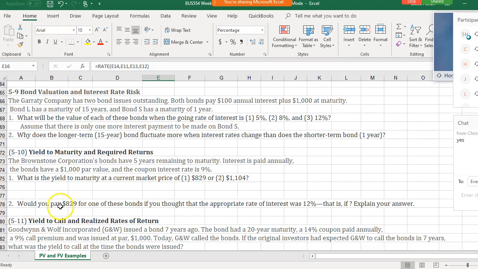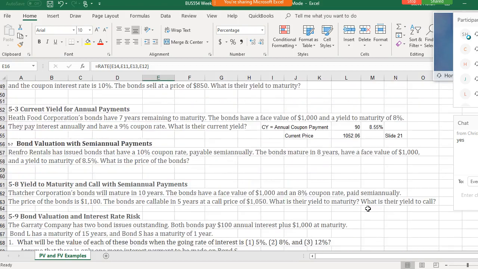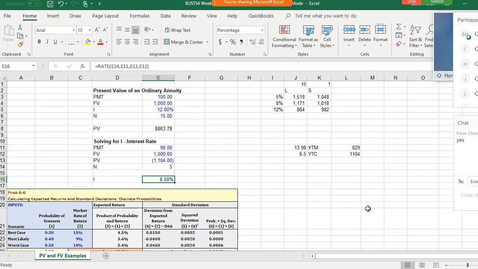So the question says, would you pay $829 for these bonds if you thought the appropriate rate of interest was 12%? Okay, let's go back and take a look at the YTM. So at 829, let me change this back to 829. YTM was 13.98. And so what they're saying is, if you felt like the appropriate yield was 12%, would you buy the bonds?